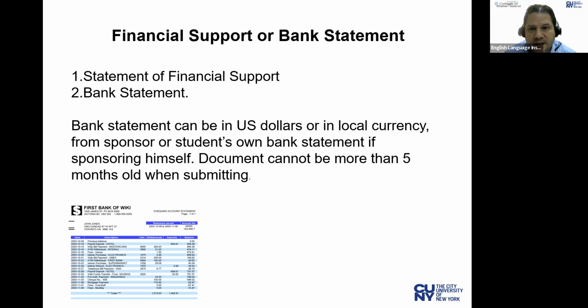In some countries, some people have retirement accounts or work compensation accounts. That usually has a different purpose, and that cannot be the bank statement. All right, so that's that document.